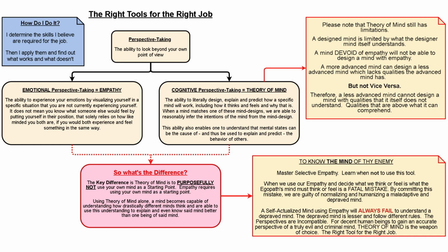That is fantastic. So with cognitive perspective taking, this ability enables someone to understand that mental states could be the cause of and thus be used to explain and predict the behavior of others, because that's one of the main things when a victim of a narcissist, narcopath, narsehole, these victims, one of the big questions is why would someone be this evil?